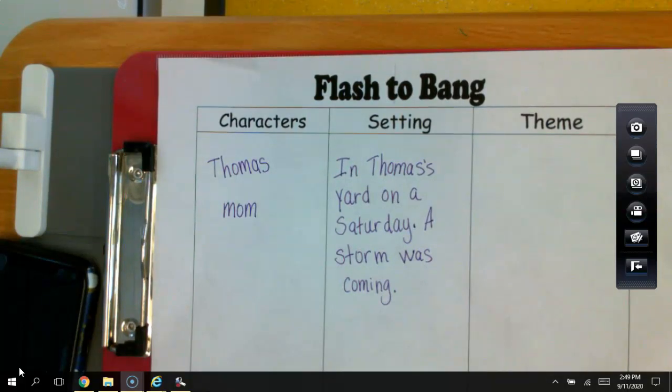Now the last part of our literary element is theme. Remember I told you that when I think of the word theme, I think of what did the author want me to learn? Was there a lesson that the author wanted to teach me while I read that story? So I know that Thomas wanted to go outside and play, and he was very disappointed that he couldn't play because it was raining.